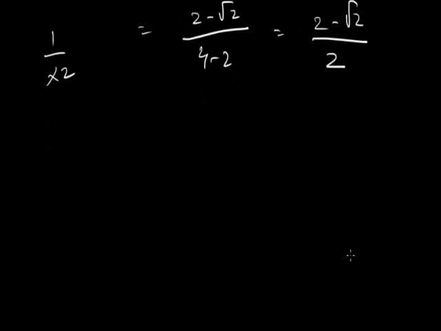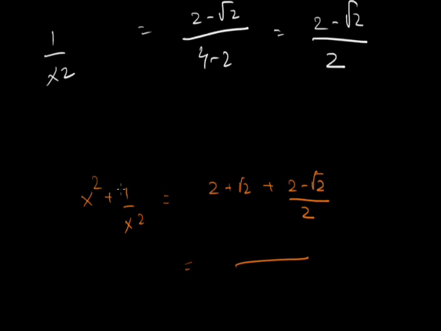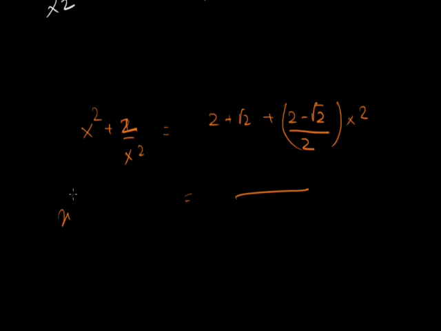Let's rewrite it as x square plus 2 upon x square, which will help us a lot. That is 2 plus root 2 plus 2 minus root 2, and the root 2 terms cancel out. It is 4. So x square plus 2 upon x square, the value here is 4.